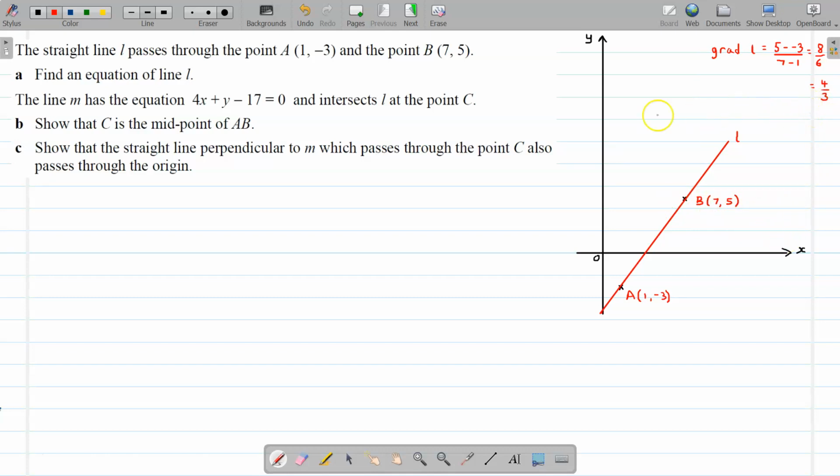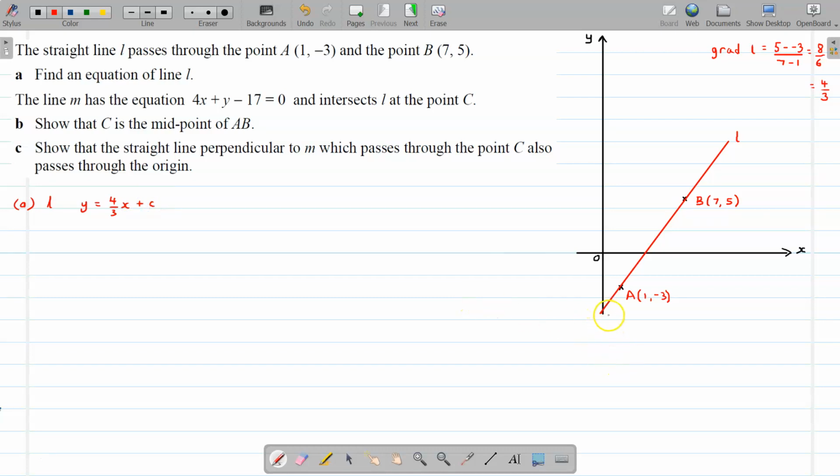Okay, so the equation of line L, if I put here question A, the line L, the equation is of the form y equals 4/3 of x, that's the gradient, plus some number c, where it cuts the y-axis.